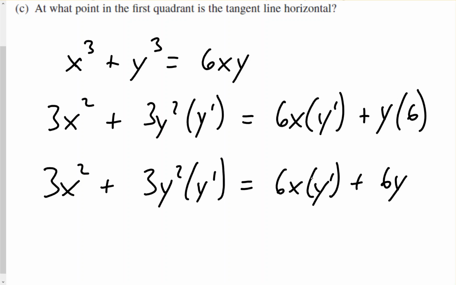I'm going to bring all the y prime terms to the left, and I'll bring the other terms to the right. So the y prime term to the left will be minus 6x y prime. And then I'll bring the 3x squared to the right.